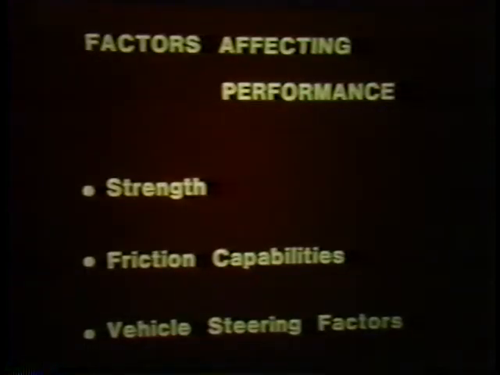Travel surface and adequate drainage are affected by the quality of materials and the construction techniques used. And we won't be discussing pavement design and construction at this time. So, after we look very briefly at strength, we will focus on friction and vehicle steering factors that influence the safety of vehicle operations.